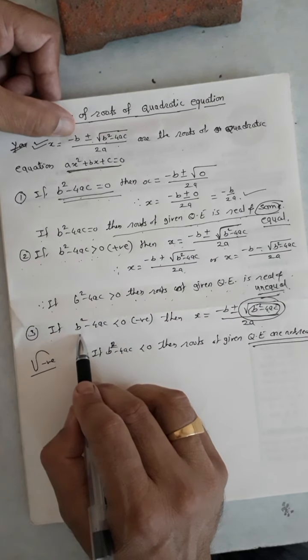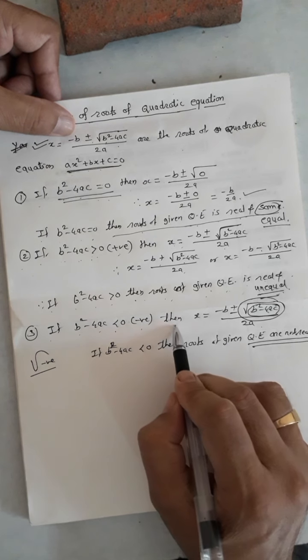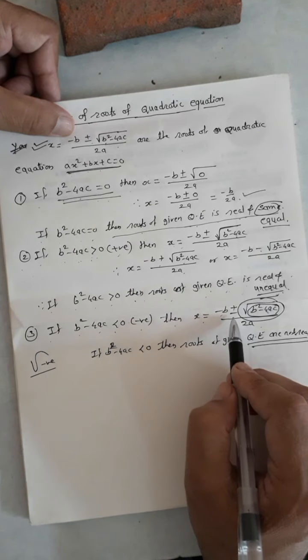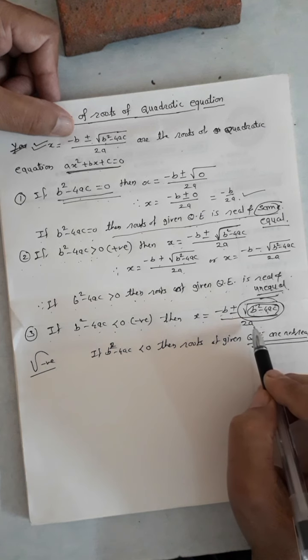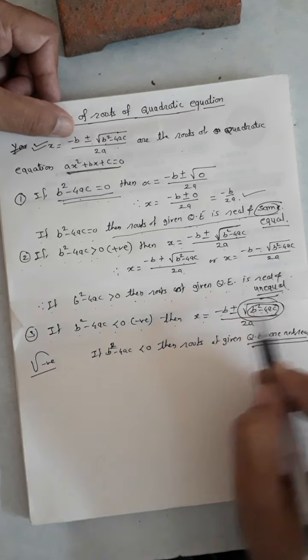If b square minus 4ac less than 0, means negative, then x is equal to minus b plus or minus square root of b square minus 4ac upon 2a. Here b square minus 4ac is negative.